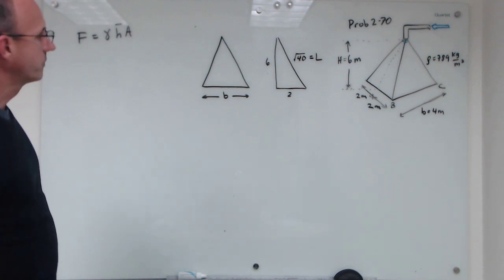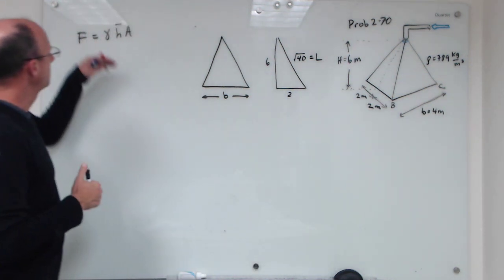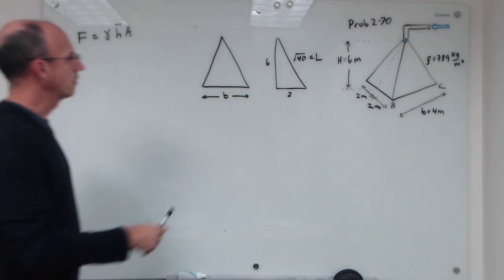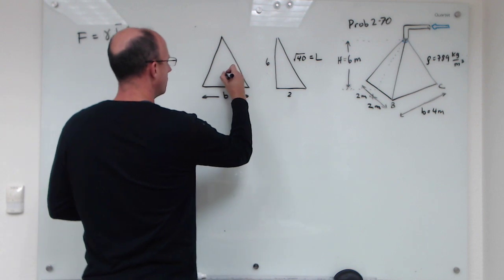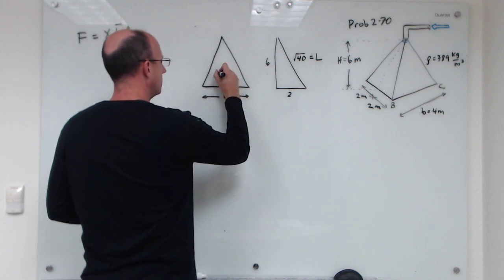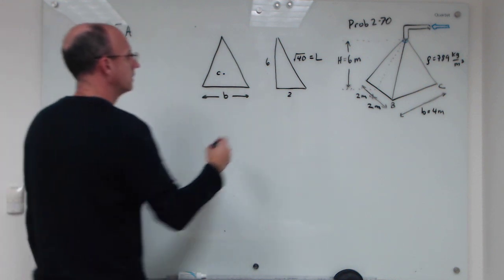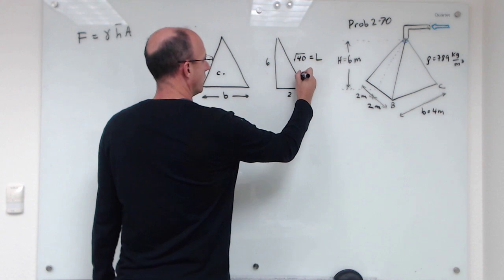Okay, so h bar is going to be the distance from the liquid surface down to the centroid of this area. The centroid of this area, we call that C. It's going to be right about there.